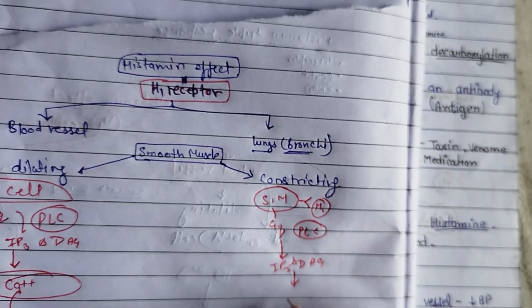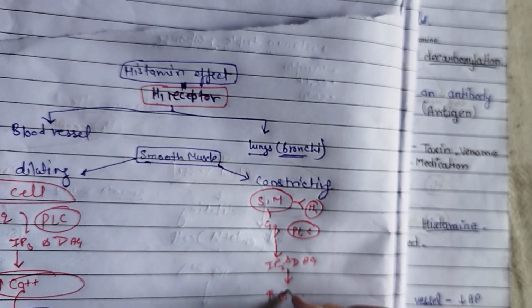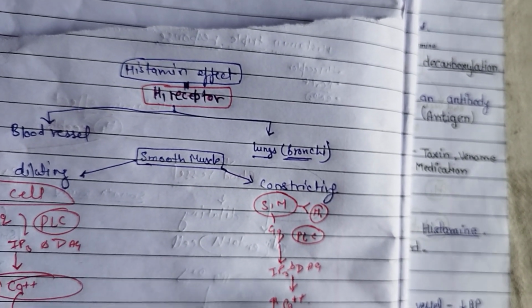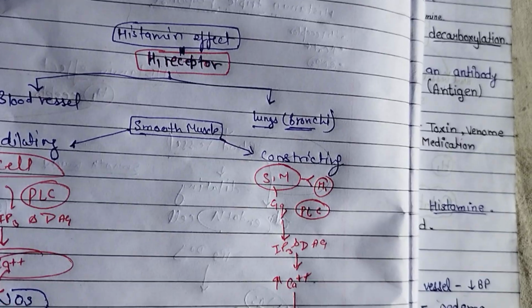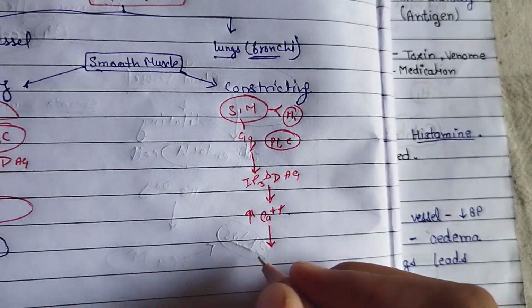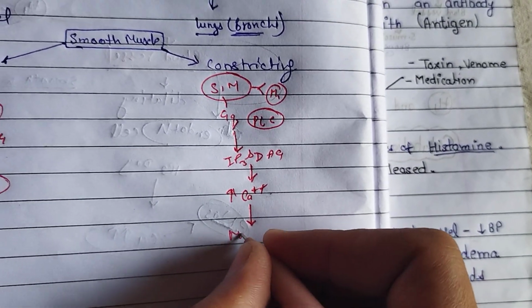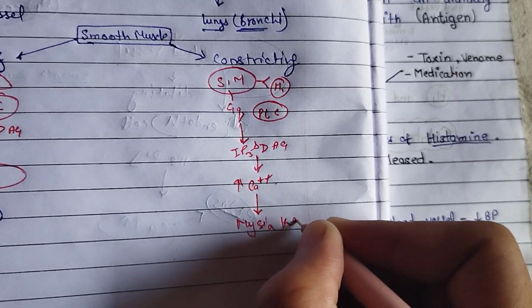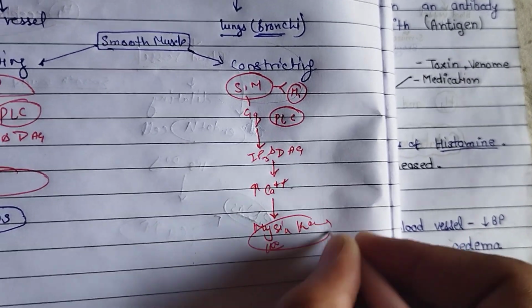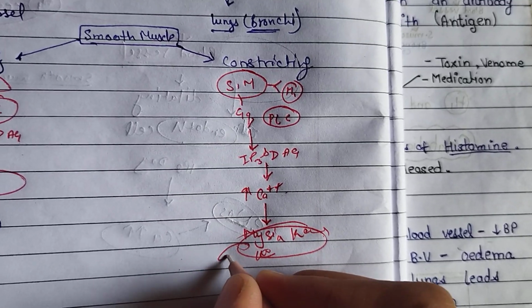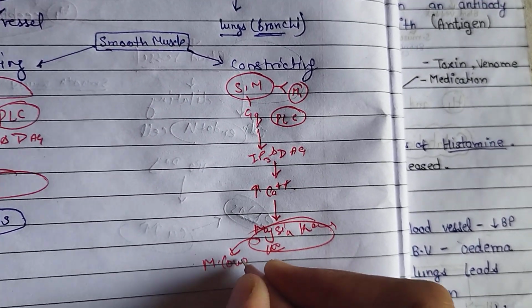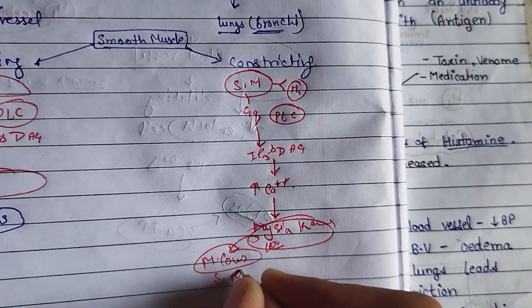Then it causes an increase in intracellular calcium, which leads to myosin kinase activation, which will cause muscle constriction. Which muscle? Smooth muscle. Hope you got it.